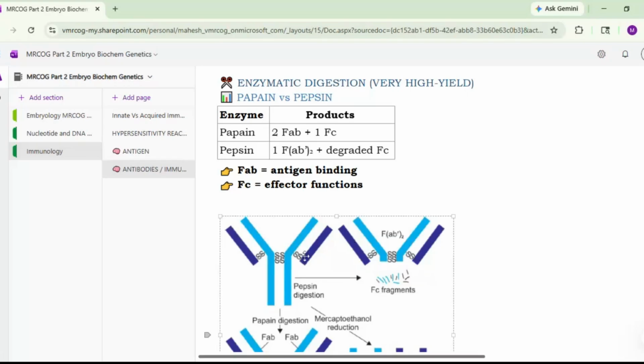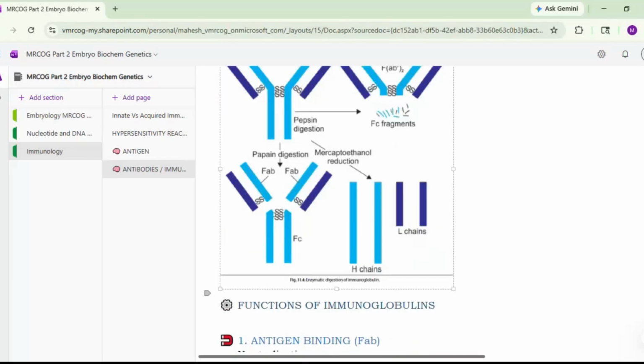Okay. What happens in papain digestion? If you see, the papain digestion is this way. In papain digestion, these arms will get separated, but the Fc fragment will be present. Here the Fc fragment is preserved, but the arms are separated. Just remember papain: arms are separated in papain.